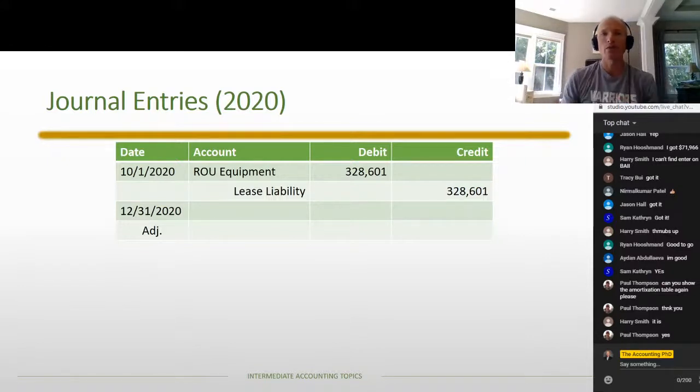Now, of course, we haven't recorded any of this, but the interest expense is incurred continuously. The amortization expense is incurred continuously. And so we're going to record those items periodically. Again, incurred continuously, recorded periodically. And so on December 31st, 2020, we need to make these adjusting entries to account for the interest expense that's been incurred and the amortization expense that's been incurred.